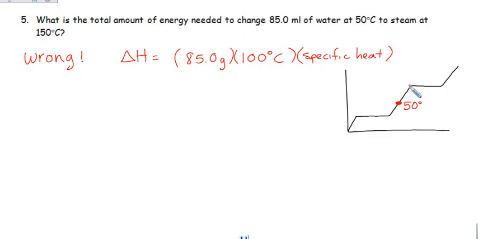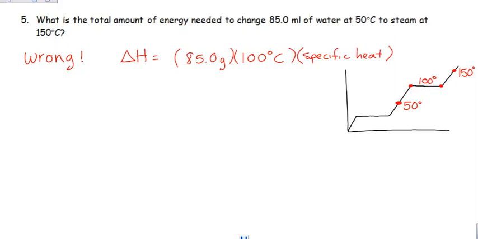Then I'm going to bring it up to 100. Here we'd be at 100 degrees, the boiling point. And then we've got to go up maybe another 50 degrees through the gas phase. So I kind of want to think of it as 3 separate calculations, and then we'll add them all together.